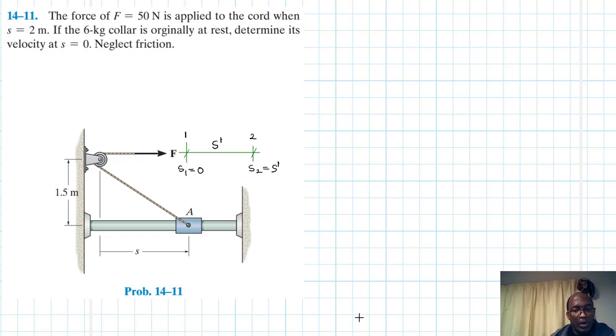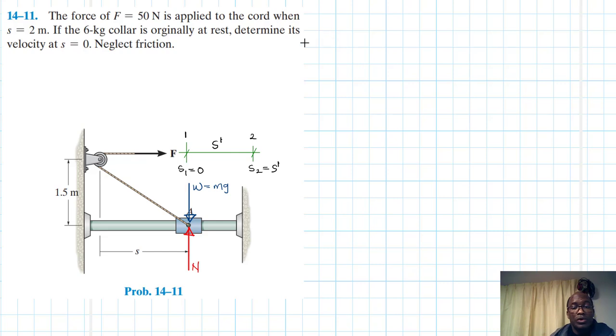And then we do have the weight, like so, and then we have the normal force. So this is the normal force, and this is the weight, which is equal to mg.